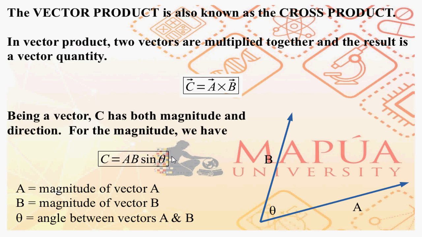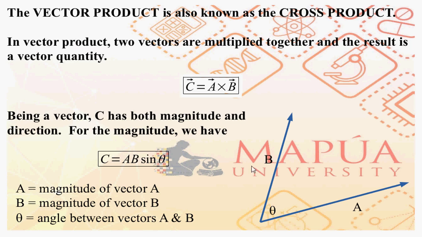Now note that in trigonometry, sine theta will also give you a negative answer, but that's only for angles greater than 180 degrees, less than 360 degrees.